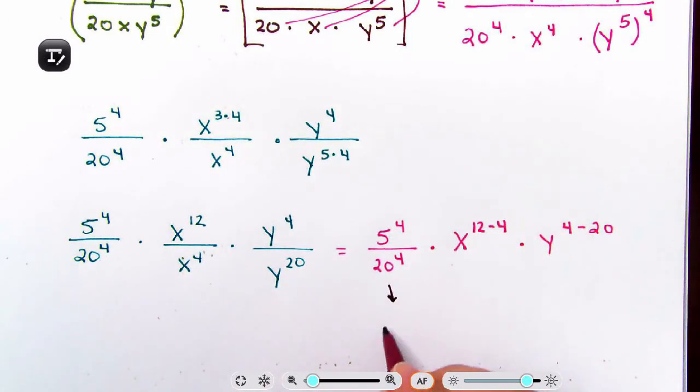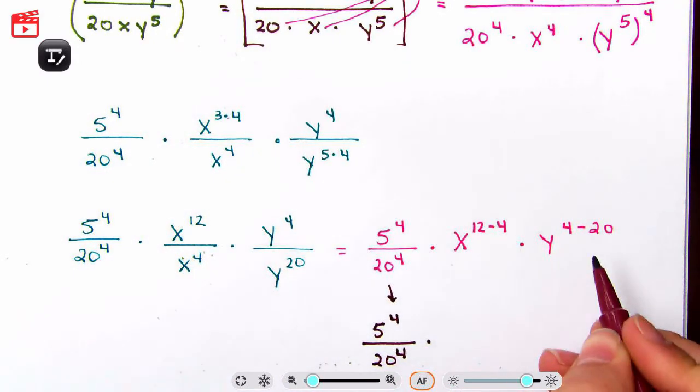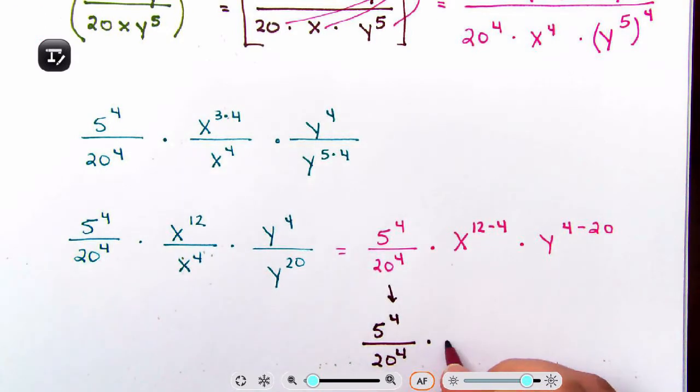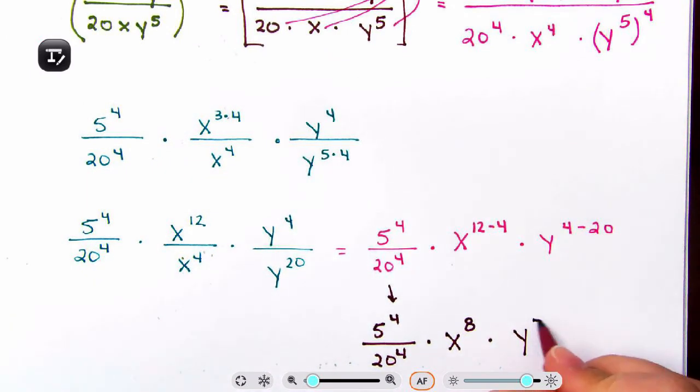Bring this down. I have 5 to the 4th power over 20 to the 4th power, times x to the 12 take away 4. I think that's 8, 9, 10, 11, 12. So that's 8, times y. 4 take away 20. That means I'm going to have a negative, and that is a negative 16.